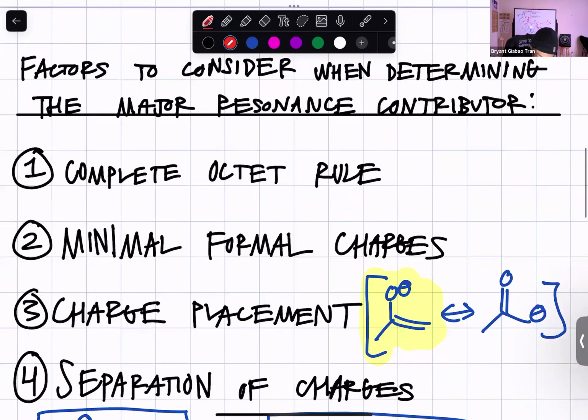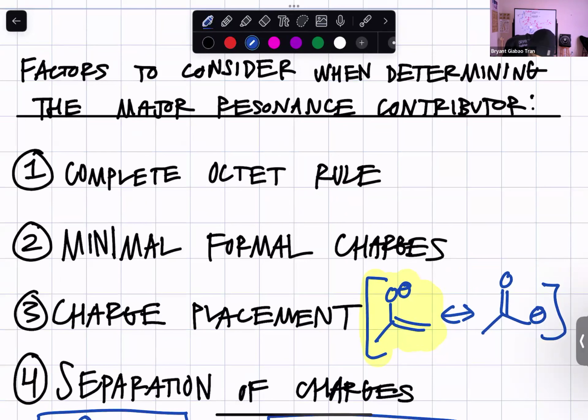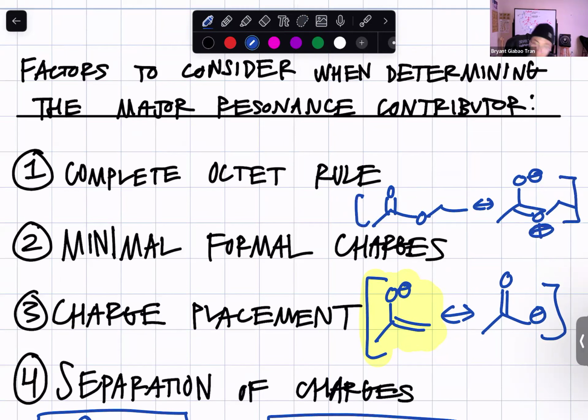Now minimal formal charges. Now I'm going to go to the second one. Let's say we have this one versus this one. Which one is major for the second factor?